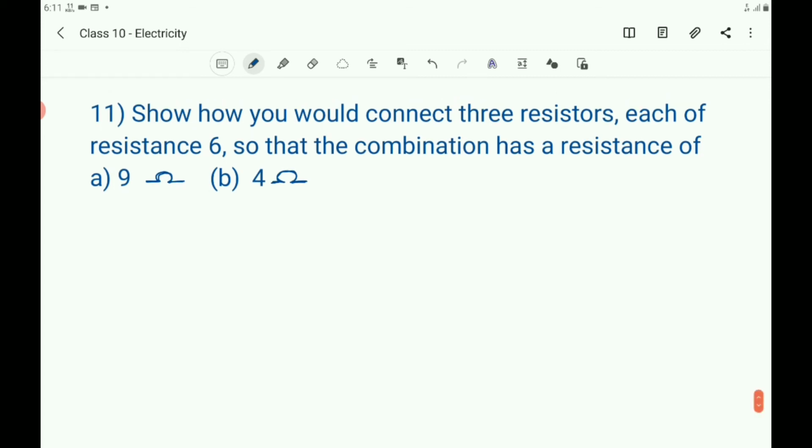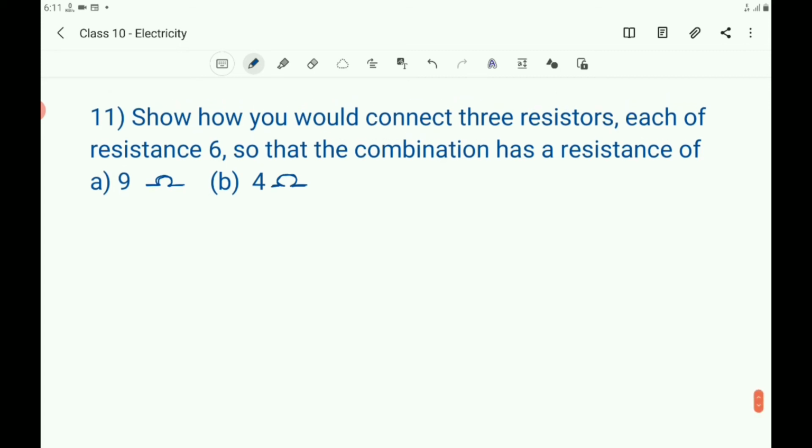We have to show the connection to get the equivalent resistance of 9 ohm, and also to get the total resistance of 4 ohm. Each resistor has a resistance of 6 ohm.